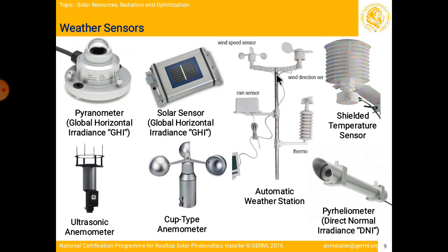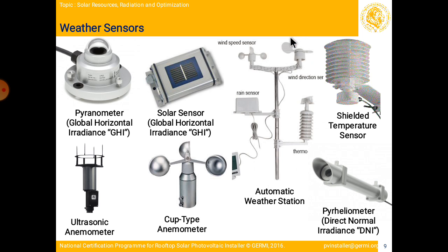This is the pole on which we have mounted all these devices that will measure the weather condition where we have placed our solar PV system for generation. So this is the automatic weather station, an unsupervised weather station. Once we use these devices, they will measure all the weather conditions automatically and give the exact weather condition for that particular place.